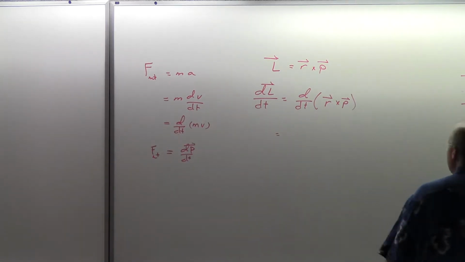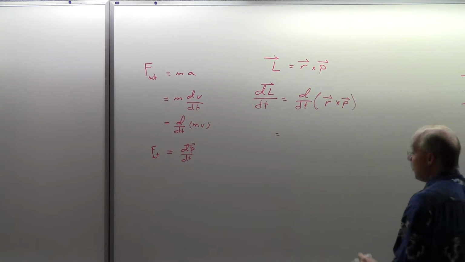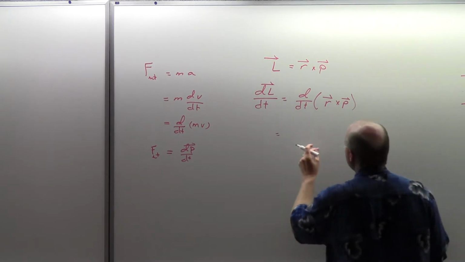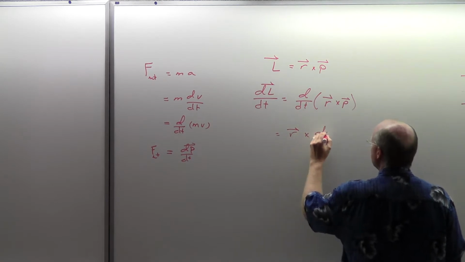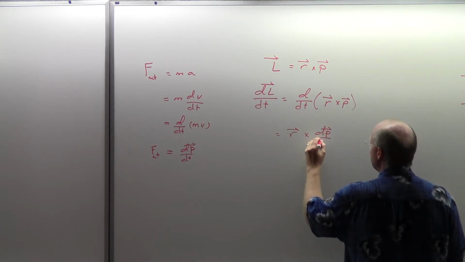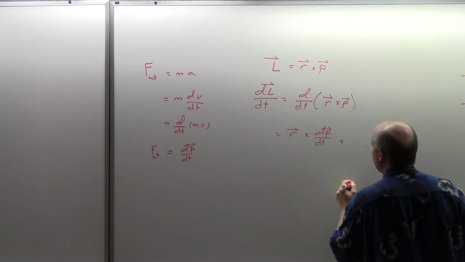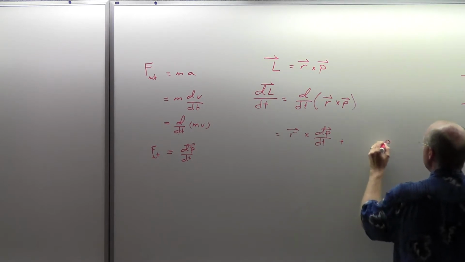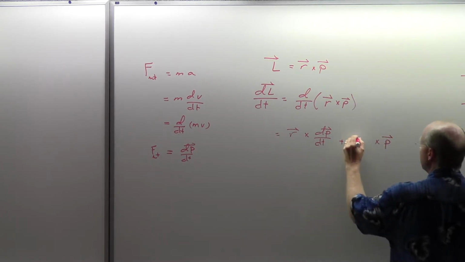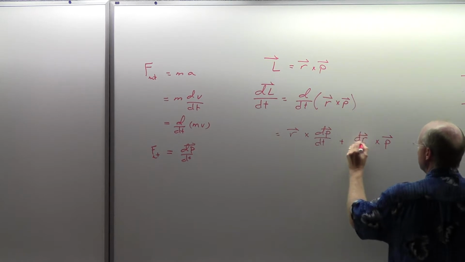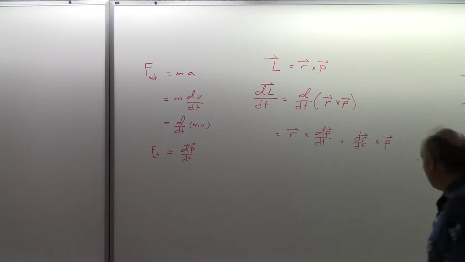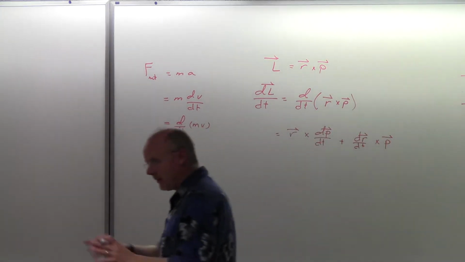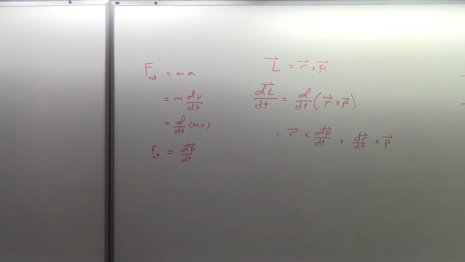But it's really the same thing you did in your calculus class. If you remember, you would take the first times the derivative of the second, plus then you would leave the second alone and take the derivative of the first, right? So there's your product rule. No different, other than I'd leave it as a cross product because they're vectors.